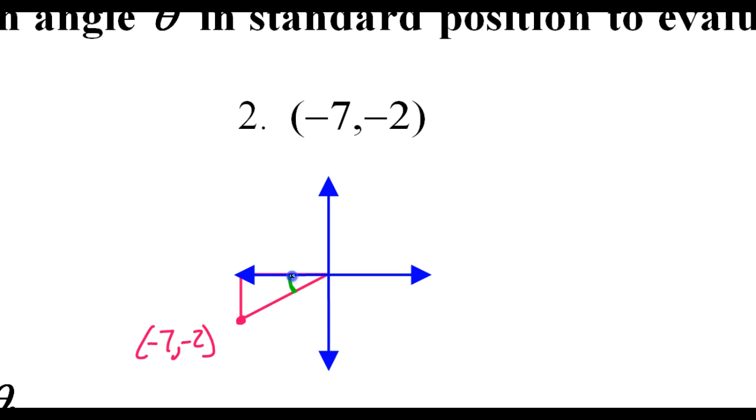Now we can use this reference angle as long as we actually use the signs on the sides here. So negative 7, that's going to be this side of the triangle, because that's the x value to the left. And negative 2 is going to be this side of the triangle, because that's down 2 for your y value.